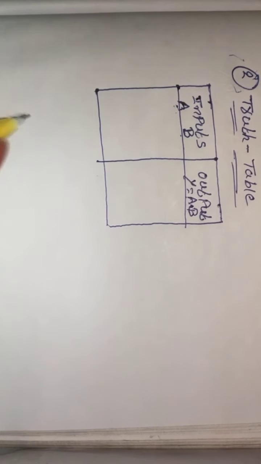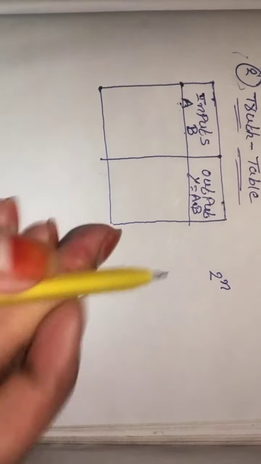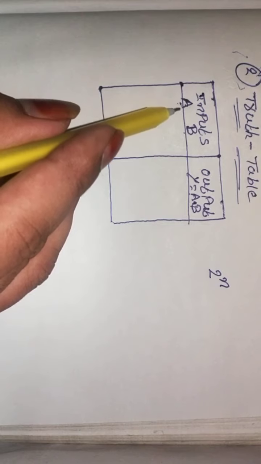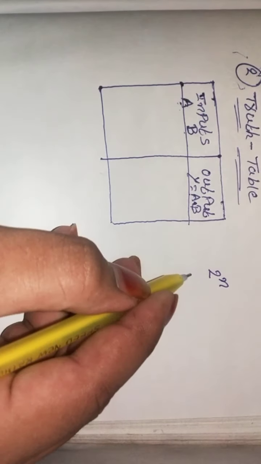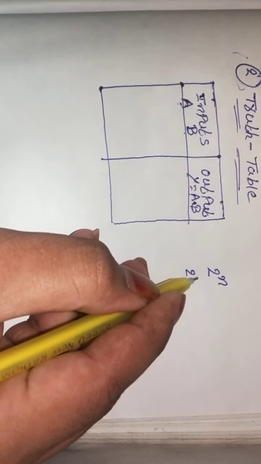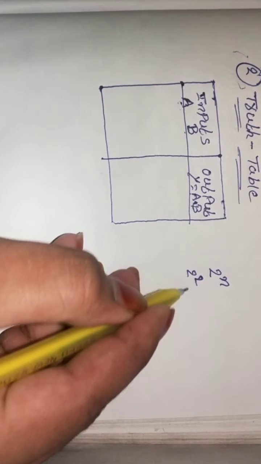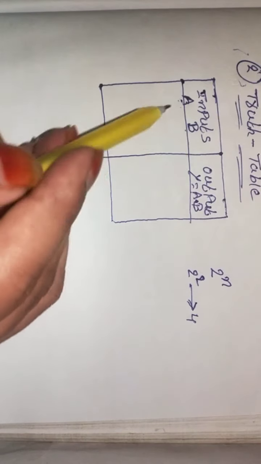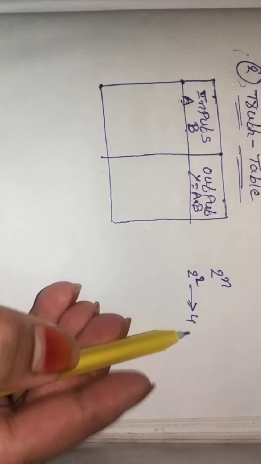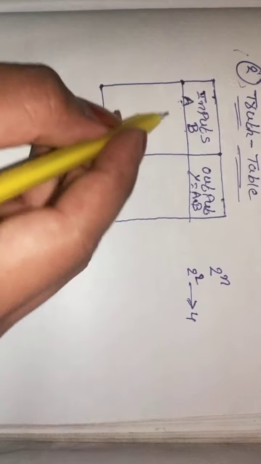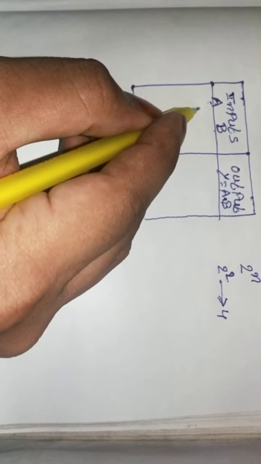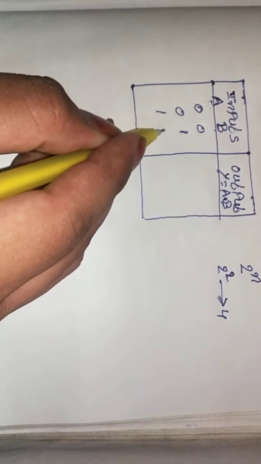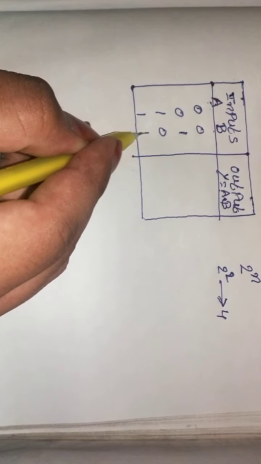Here 2 power n, where n is the number of variables. Here we take two variables a, b. Therefore 2 power 2, that means 2 square, comes 4. The AND gate truth table consists of 4 combinations. So here we take 0 0, 0 1, 1 0, 1 1.